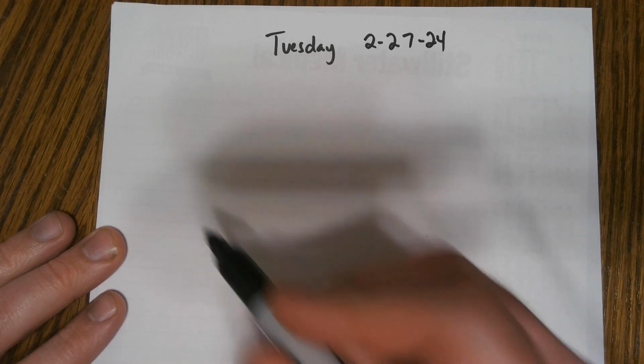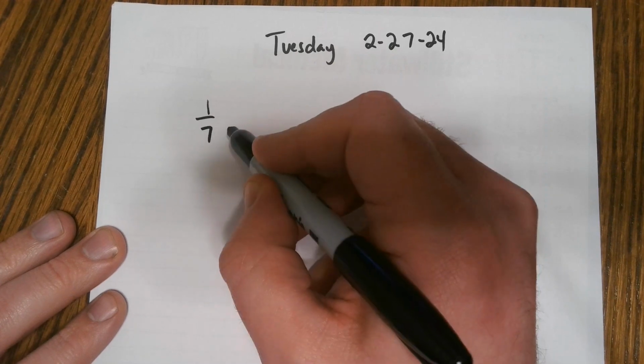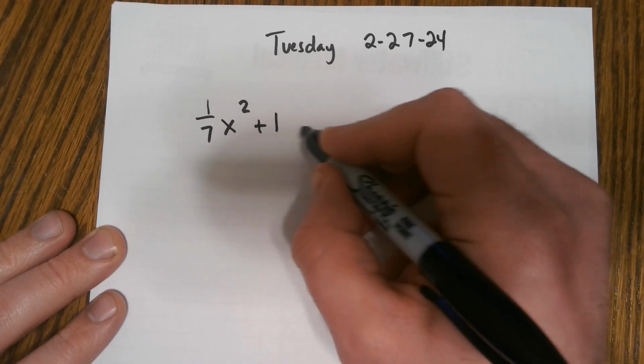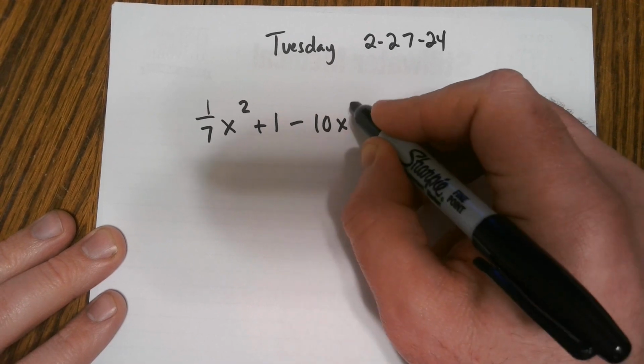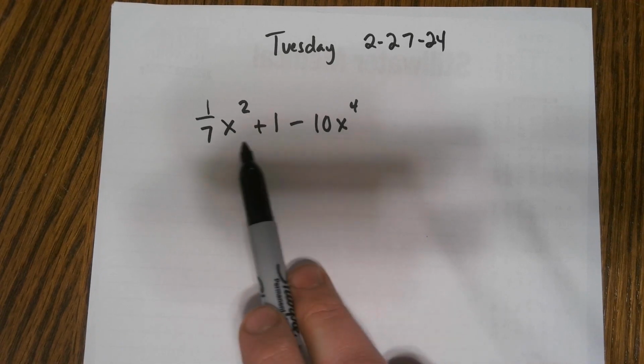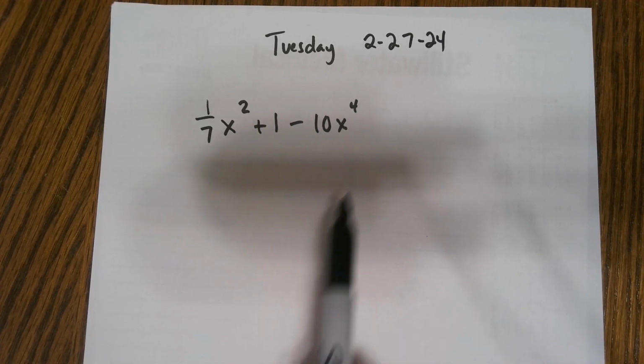Okay, we're going to review today some things that we should have already learned or recently have gone over. Let's say that I have a polynomial like this one right here, 1/7 x squared plus 1 minus 10x to the 4th. And say that your problem asks you to write this polynomial in standard form. Standard form just means that we put the exponents in order from highest to lowest.